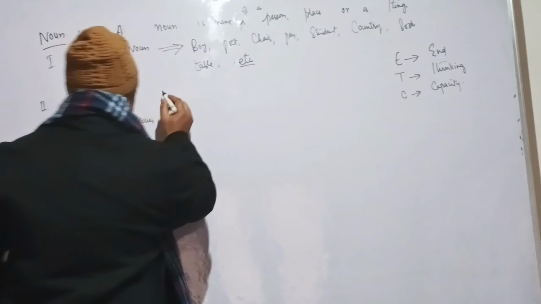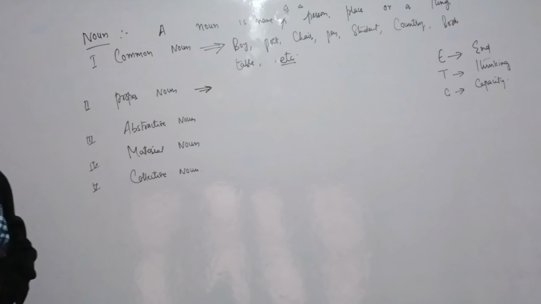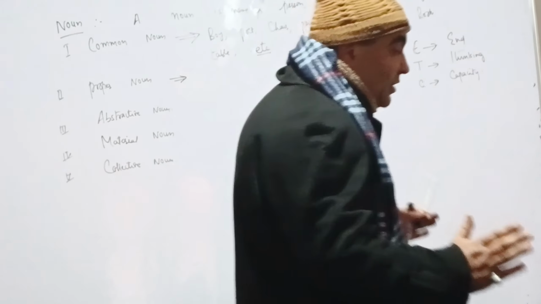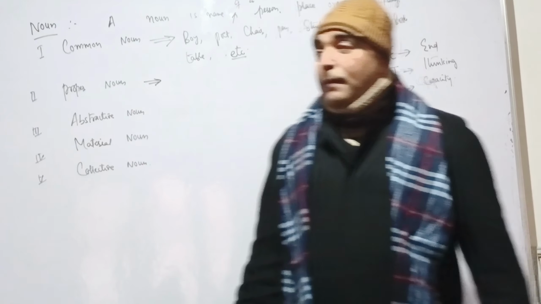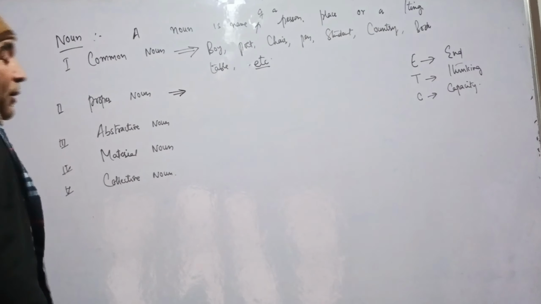And now we will move towards the proper noun. What do you mean by the proper noun? So far as proper noun is concerned, it is the name of the proper persons or the proper things.